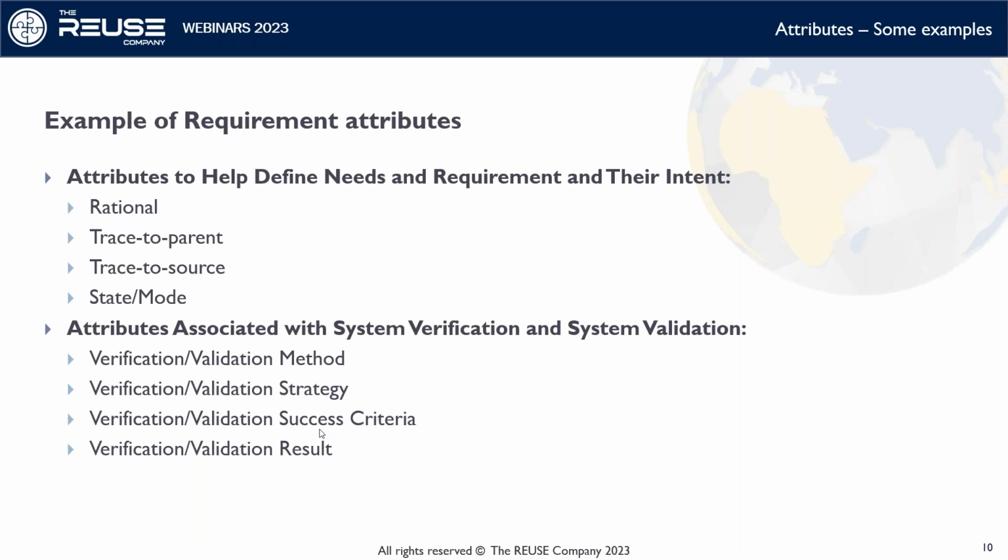What is the goal of meeting the requirement with the selected verification method, and what is the result? That can be something you write, or you can add a link to a source, a report or something to prove that you're actually reaching the success criteria of your requirement.